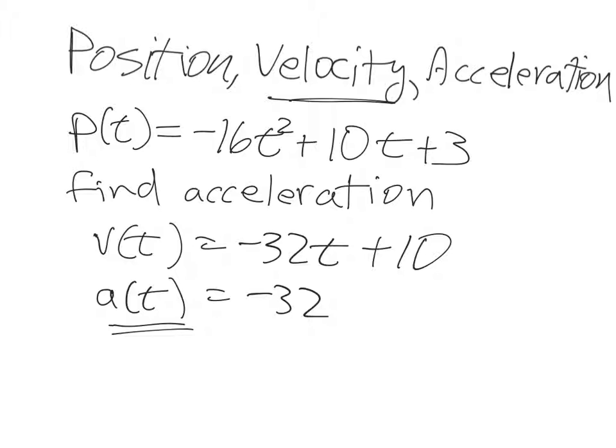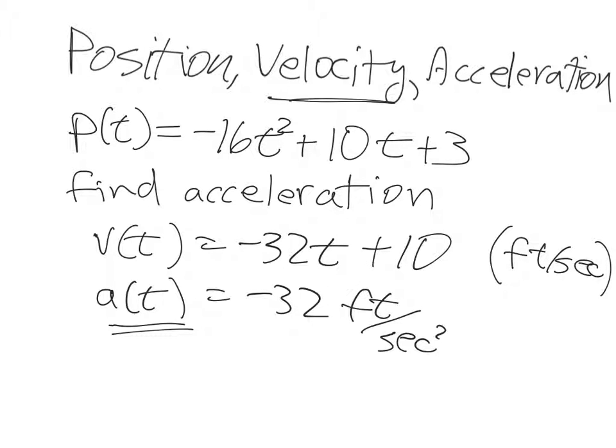What are the units on this? Feet per second squared, or per square second. And the velocity would be feet per second. Now, technically, the acceleration would be feet per second per second, but a common shortcut is just to put second squared.